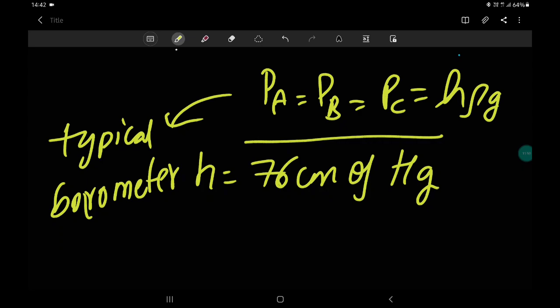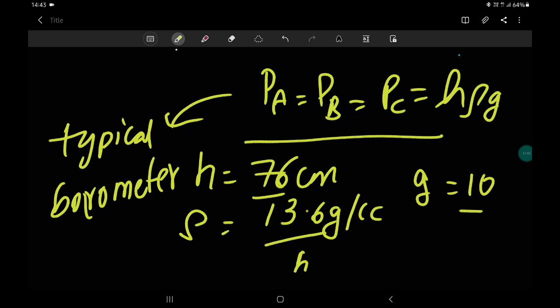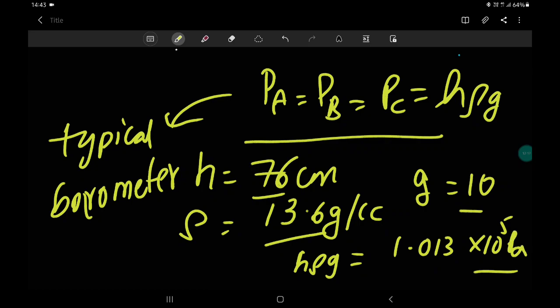Next, rho, the density of mercury, you know, is 13.6 grams per cc, and for gravity you can take roughly 10. If you substitute 76 into 13.6 into 10, H rho G turns out to be 1.013 into 10 to the power 5 pascals.